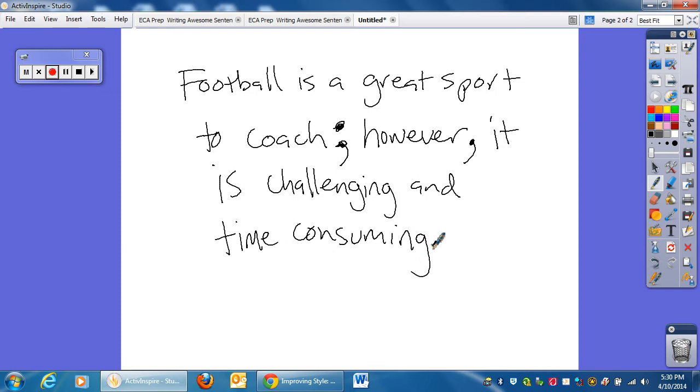So what we've done is we've established a pattern for the reader. Here's the subject: football is a great sport to coach. But when they see the semicolon, they automatically know that the next sentence is going to be directly related. I also want to point out an editing point. This H should be lowercase, the way that it is, because even though it's a new sentence, it isn't its own sentence.